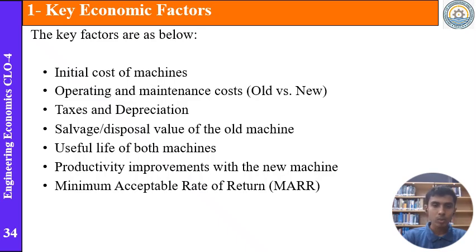Then I need to know about the taxes that will be applied on both projects and the depreciation of the projects. I also need to know the salvage value or the disposal value of the old machine. Then the useful life, that is, for how much time these projects will be projected, and then the minimum acceptable rate of return for these projects.